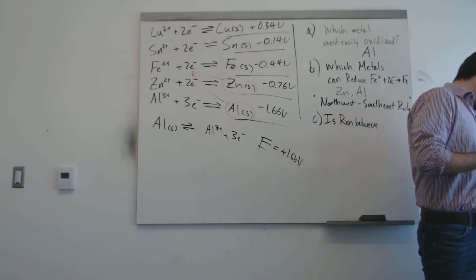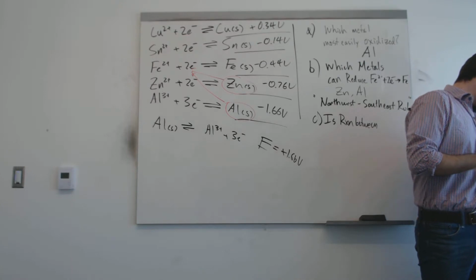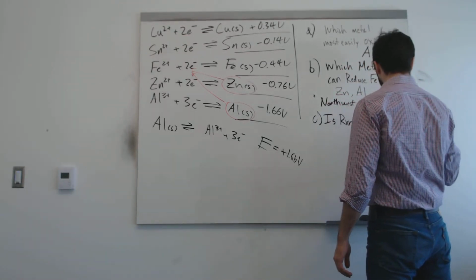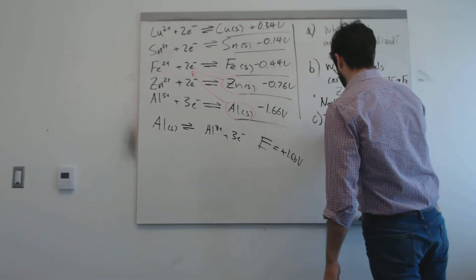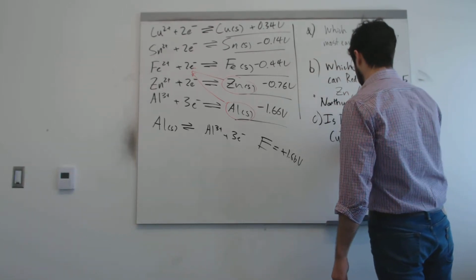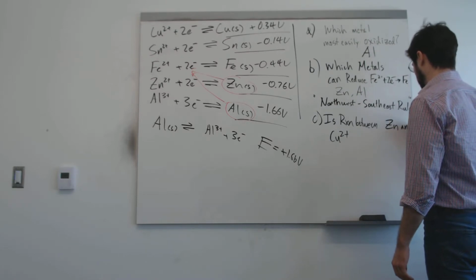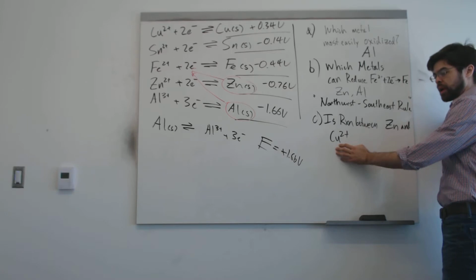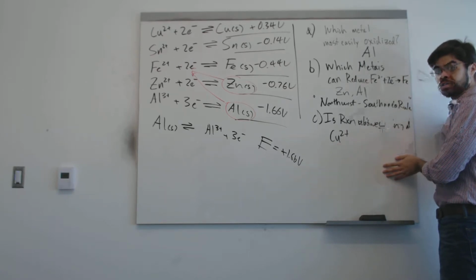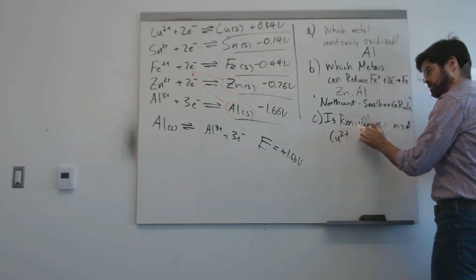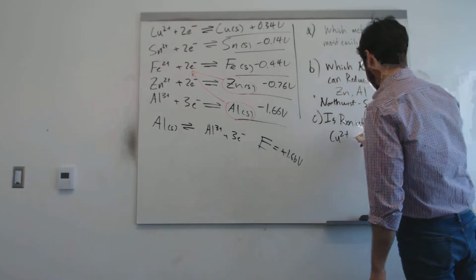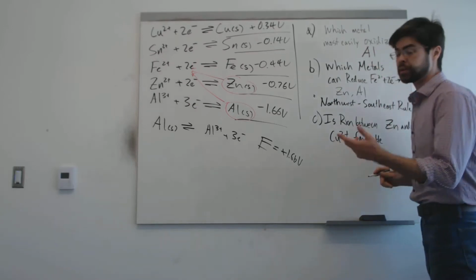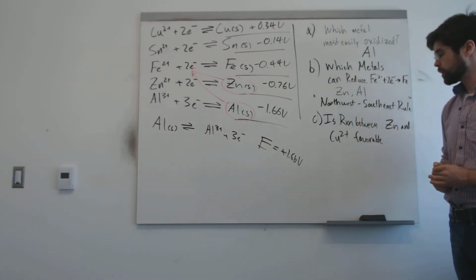Let's do zinc and copper 2 plus. So if I try adding zinc to a solution which has copper ions in it, does a reaction occur? Is this reaction favorable? Does it occur spontaneously?